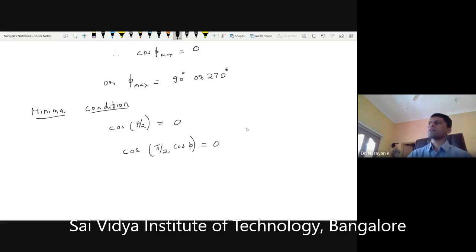Same thing, beta d cos phi will be pi by 2 cos phi. So pi by 2 cos phi, this is the minima condition, will be equal to cos inverse of 0, which is pi by 2.